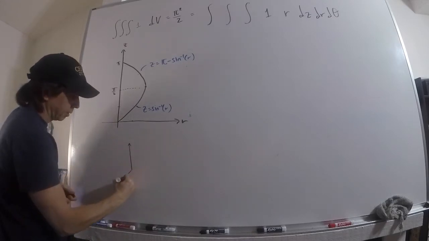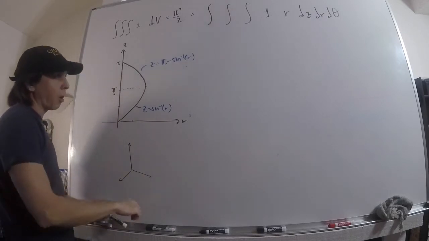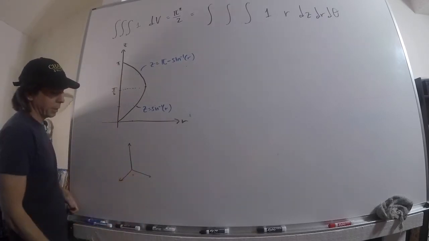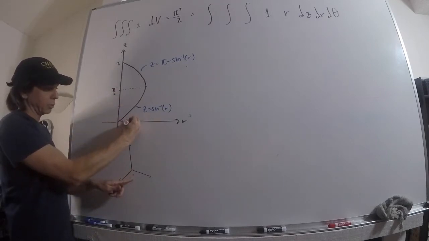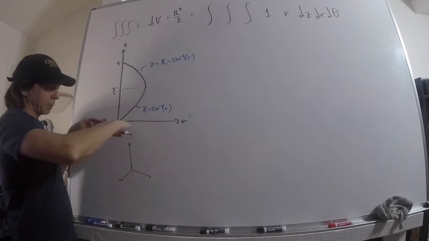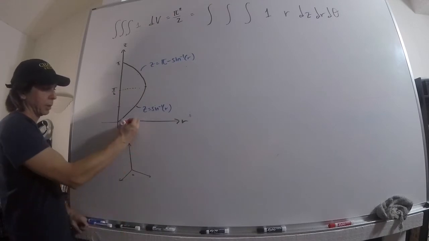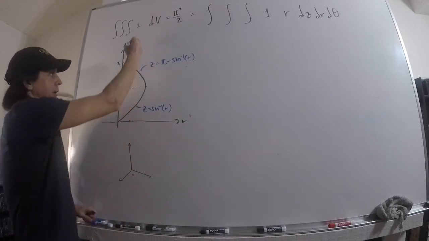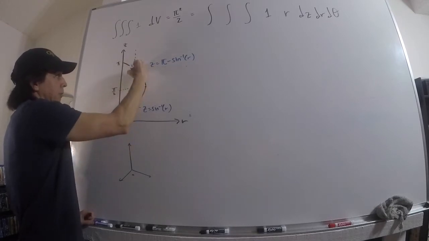Okay, so in my plane, since I'm going to integrate with respect to z first, I'm going to pick a random r and theta. Bam, right there. That's my random r and theta, and I'm going to slice along the z. This is the xy plane, but a side view of it, and that random r and theta that I placed happens to be right there, and I'm going to slice along there. Bam, hitting my upper curve, slicing through.